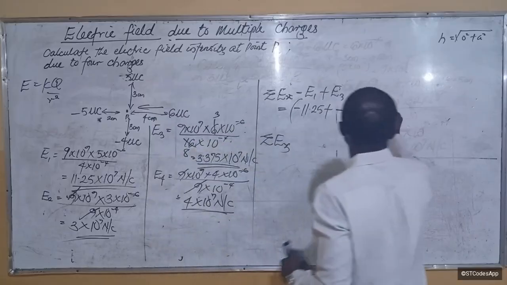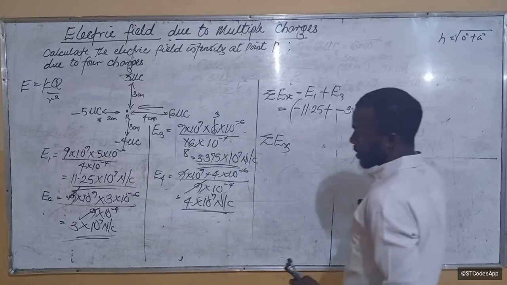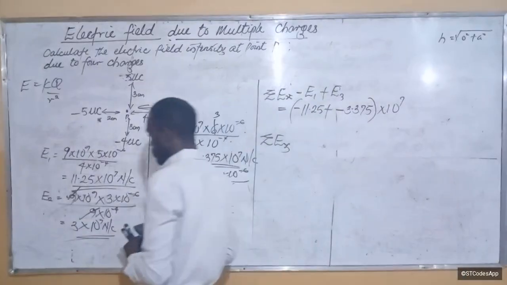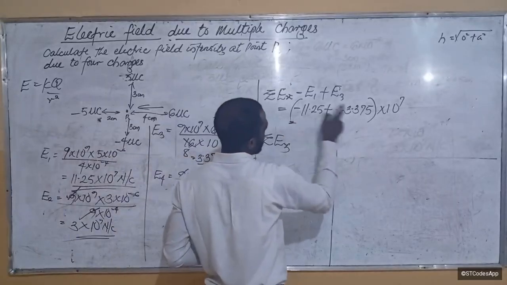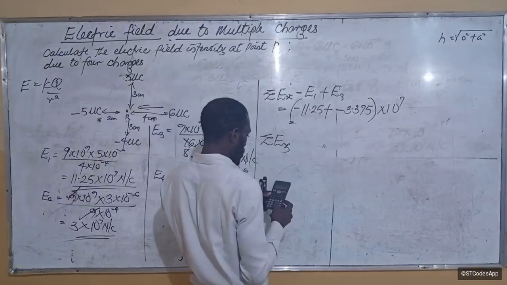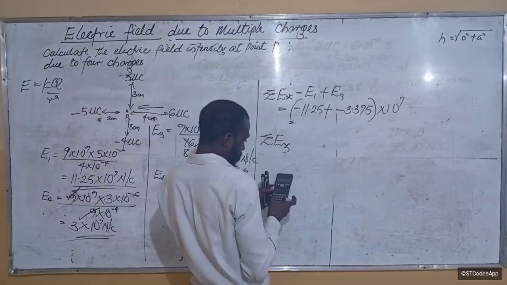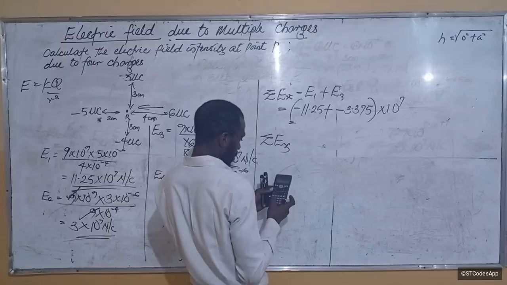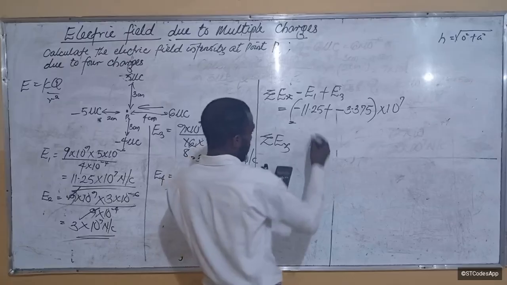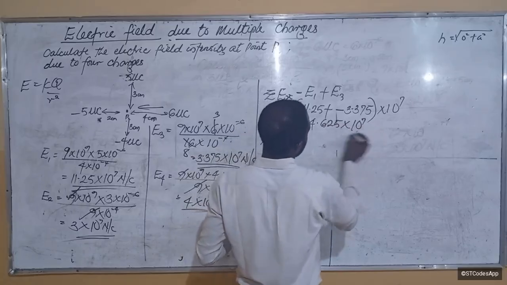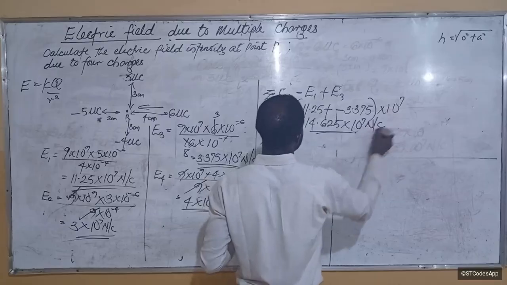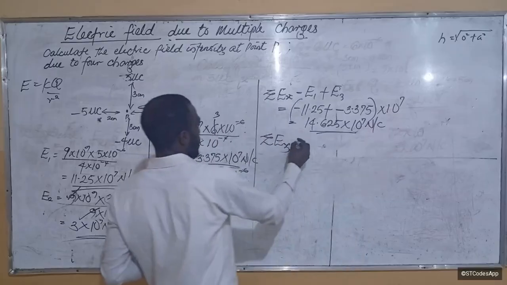Both of them have 10 raised to the power 7, right? So we just factorize, and you add it up. You have minus 14.625 times 10 raised to the power 7 Newton per coulomb. So this is E on the x-axis.